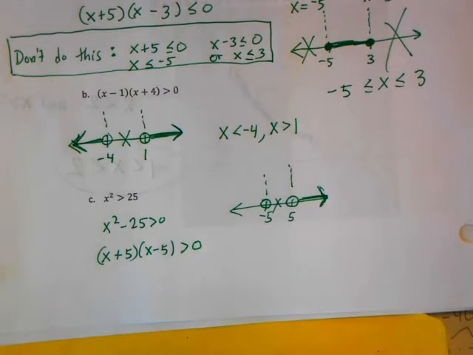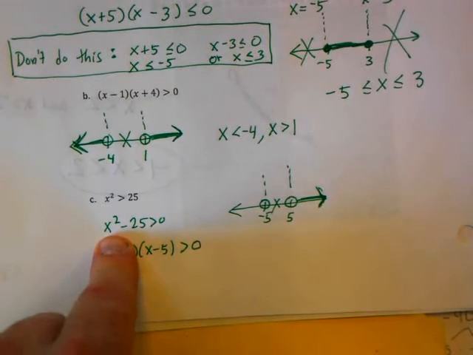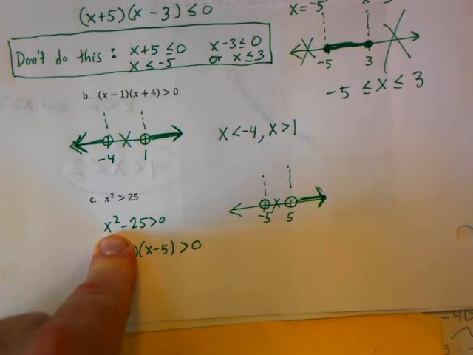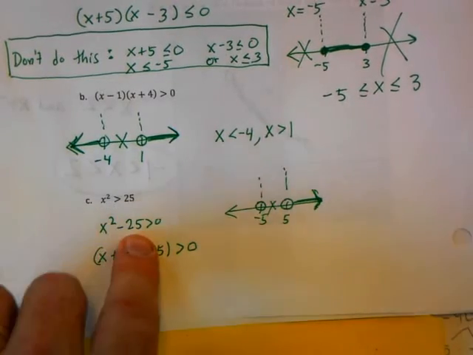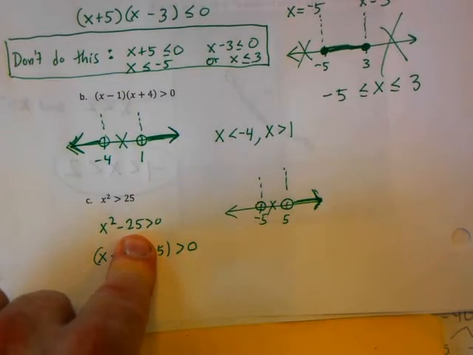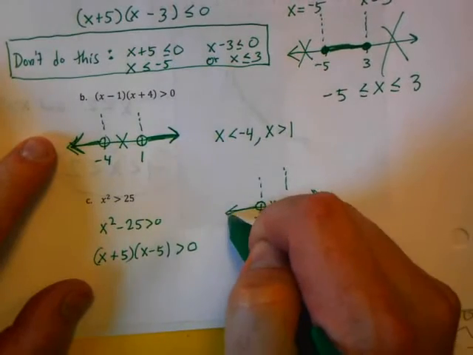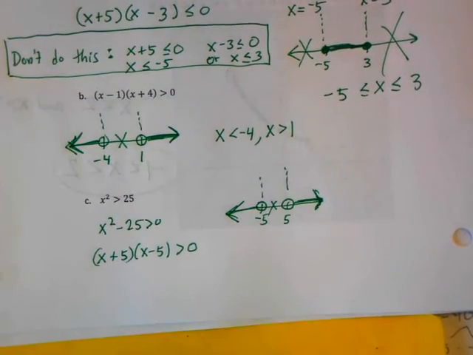Favorite number smaller than negative 5? Negative 100. What's negative 100 squared? I don't know exactly, but I know it's a very big positive number, isn't it? Because if I take a negative times a negative, I get a positive. So if I have 100 squared minus 25, am I going to get a positive number? Yes. Again, you don't need to know the exact value.